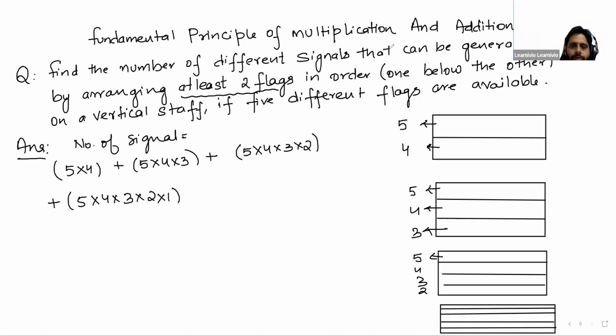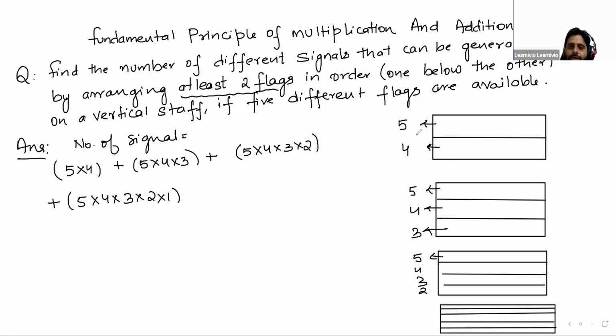So what is the principle, and how can we use this principle? Principle of multiplication and addition. Please always note this. If you form cases and by completing any case your main work will be completed, then you can add all the cases.